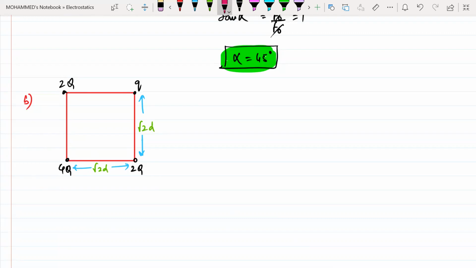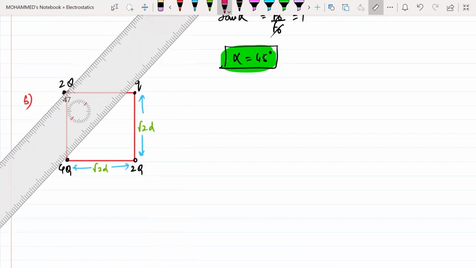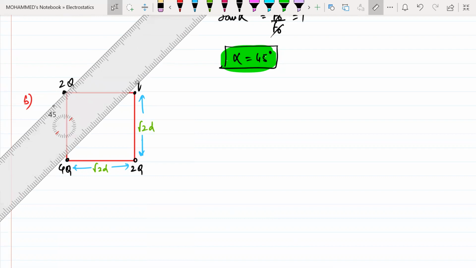And 4q is also exerting, right, sir? Yes, 4q is also exerting, diagonally. It's diagonal. Fine, got it? Yes, sir. Exactly. Can I say that there is a force now exerting even on this one like this? Yes, sir. We can.